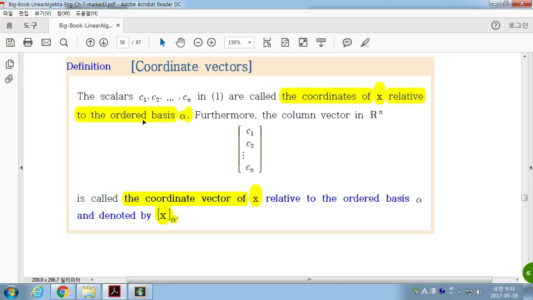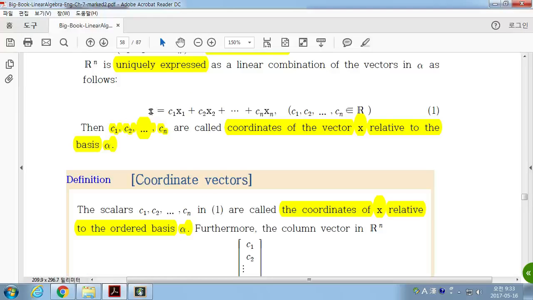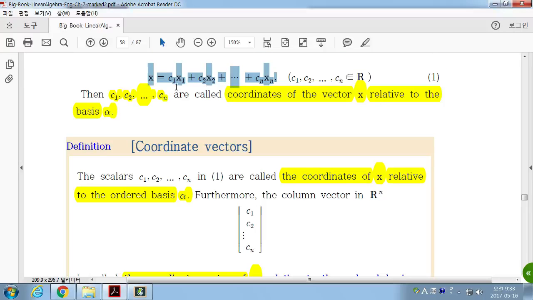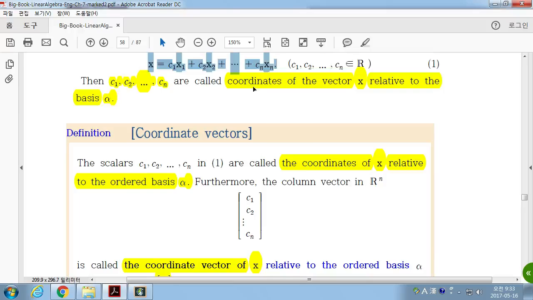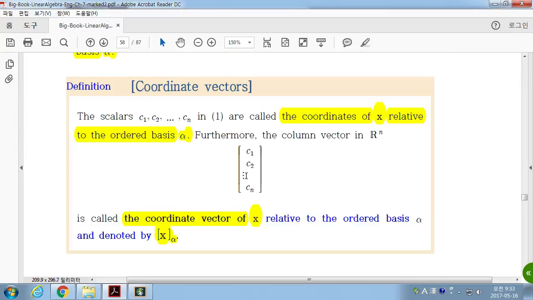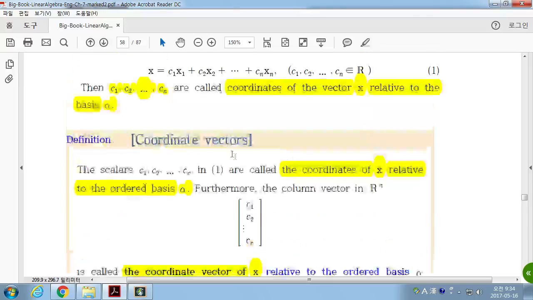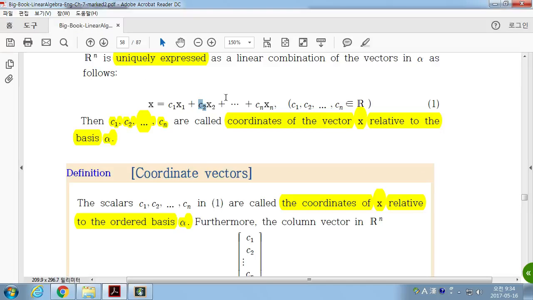If alpha is an ordered basis, and x is uniquely expressed as a linear combination of the xi's, then the vector consisting of these coordinates c1, c2, ..., cn is called the coordinate vector of x relative to the ordered basis alpha. Those ci's are the coordinates of x, and this vector consisting of the ci's is the coordinate vector of x. We write it as x sub alpha.